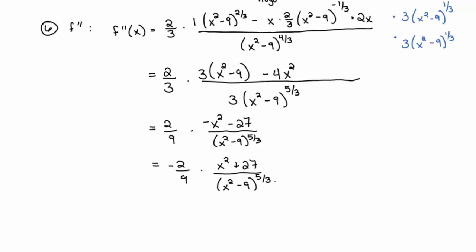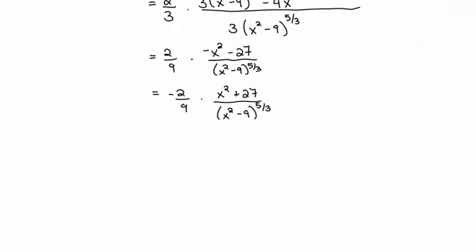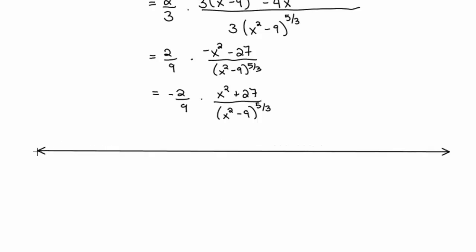So let's go ahead and create a number line, a sign chart, if you will, for f double prime. These are not technically called critical points, but I am trying to find out when the second derivative, f double prime, is 0, and when it does not exist.